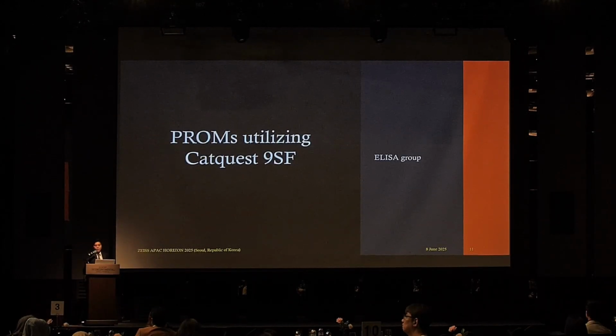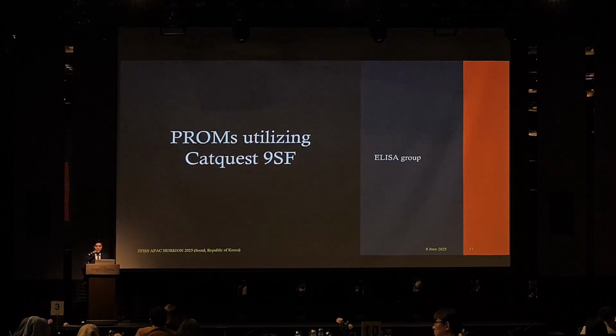Moving to the final part of my presentation, I was particularly interested to look at subjective patient-reported outcomes and decided to use the CAT-Quest-9SF. This survey is concise and brief, which fits perfectly into a busy private practice like my clinic.